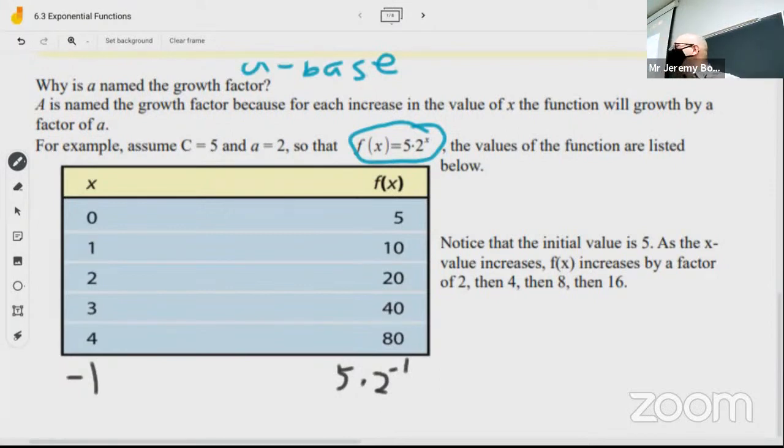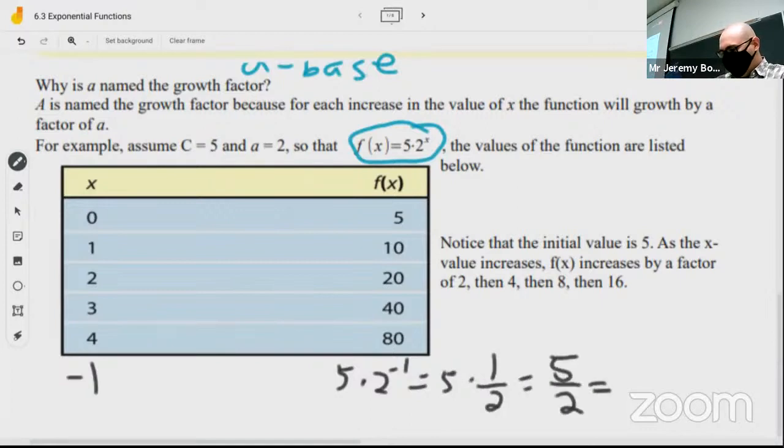What happens when you have something raised to a negative exponent? You're going to flip it, right? You're going to reciprocate that. So this is the same thing as 5 times 1 over 2, which is just going to be 5 halves, which is 2.5.